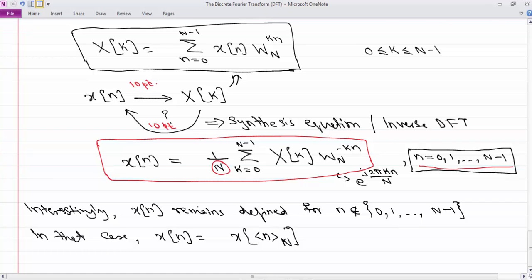Now this formula should make it clear to you one of the advantages of DFT, because both the forward DFT formula and the inverse DFT formula only involve summations. First of all, the summations are finite. You are only summing N things.